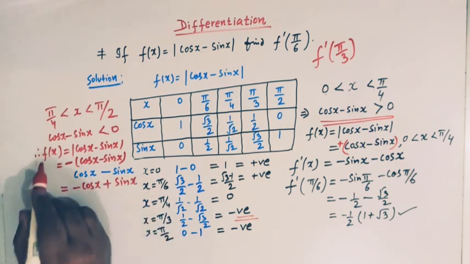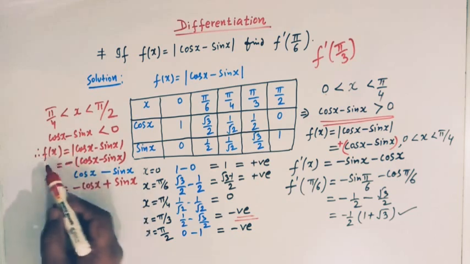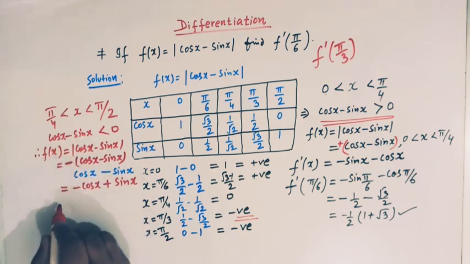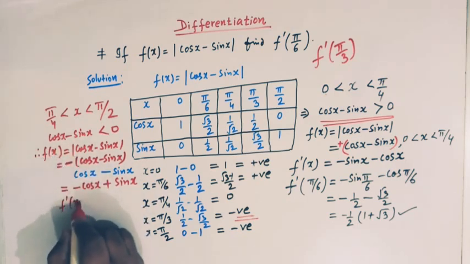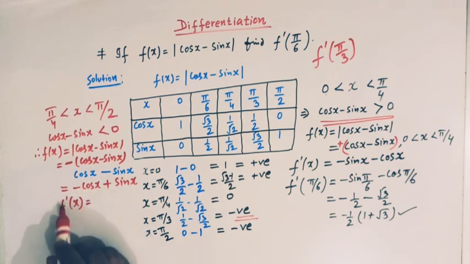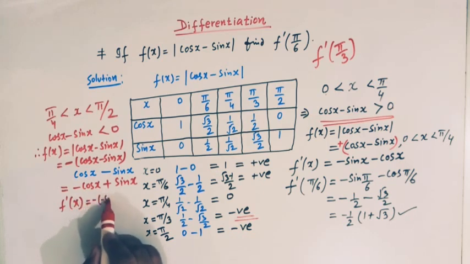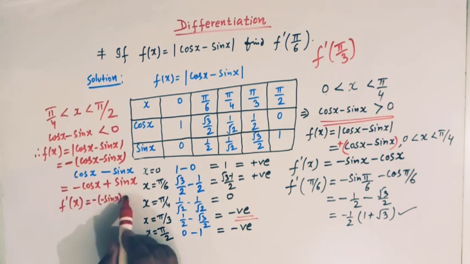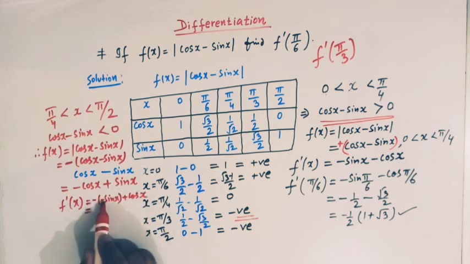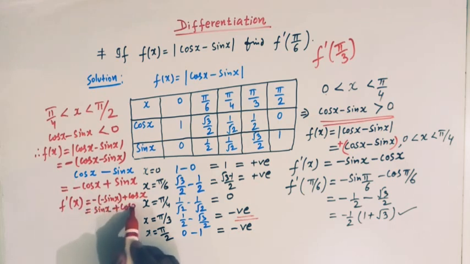Now let us find the derivative of f(x). The derivative of cos x is −sin x, and the derivative of sin x is cos x. So we have minus minus plus, giving f′(x) = sin x + cos x.